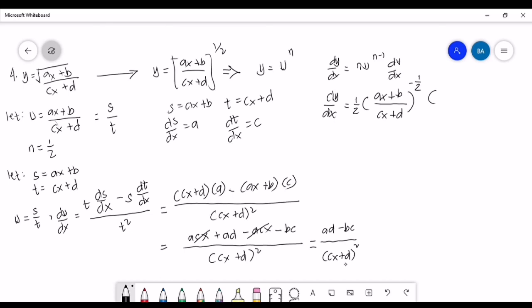Then our du dx is equal to ad minus bc over cx plus d squared. So this is our answer. Or you can simplify this one, since this could be simplified, so just solve it. This will serve as your homework. So simplify this one.